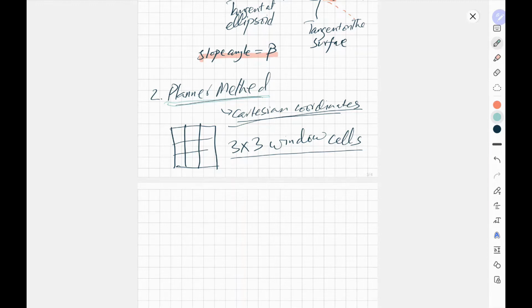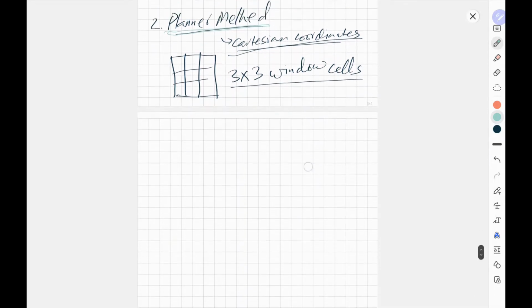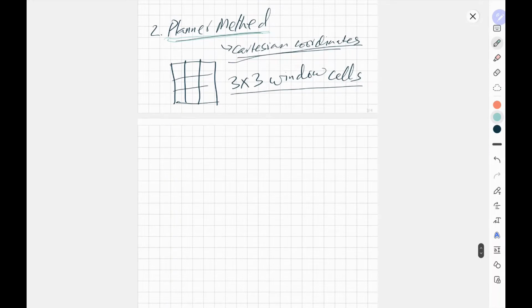Okay, now let's come to the planar method. In planar we have different techniques. Basically there are 3 techniques. The first technique in the planar, I'll give it a name.